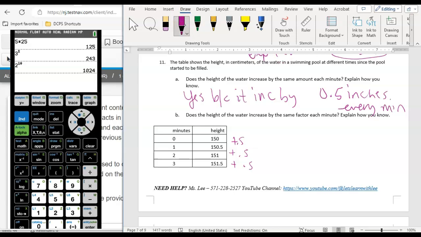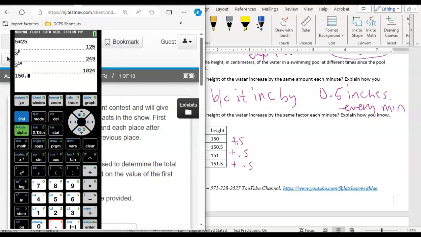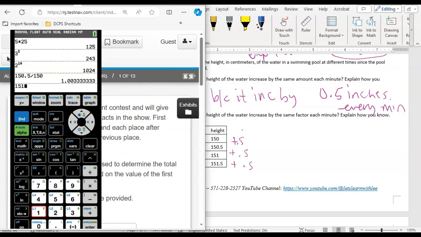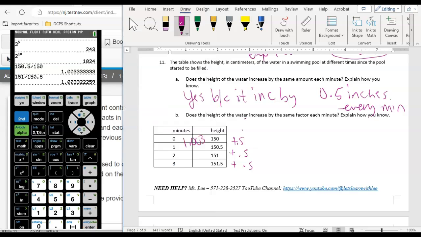Does the height of the water increase by the same factor? So the factor we would check by dividing. Since you know it's increasing by the same amount, you can probably suss out that this is going to be 1.003, and then 151 divided by 150.5 is, notice that they are close but not the same.